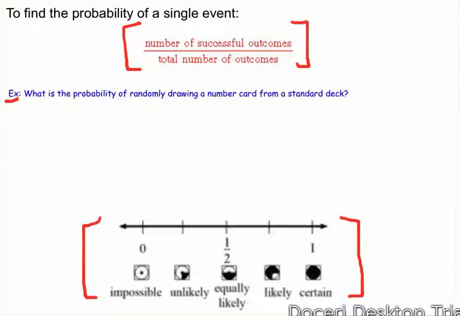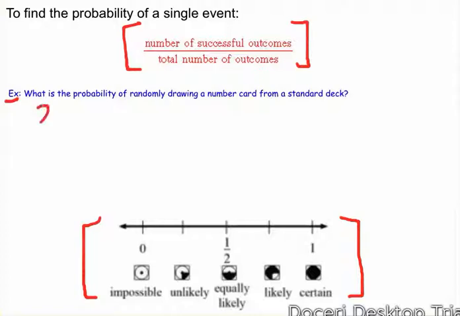So the question shows, what is the probability of randomly drawing a number card from a standard deck? A number card is anything that shows the numbers 2 to 10. You have to remember, in a standard deck there are no ones. So there are 4 of each number, and the numbers are 2 through 10.